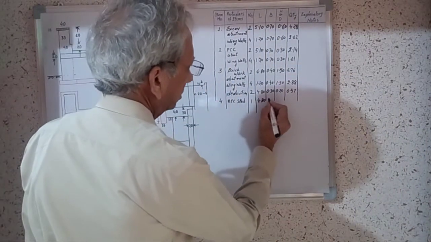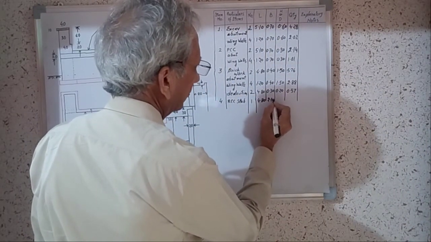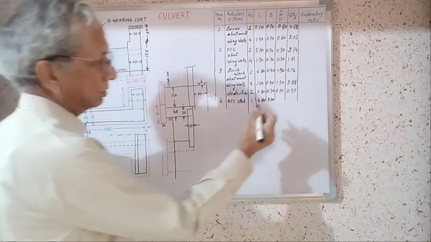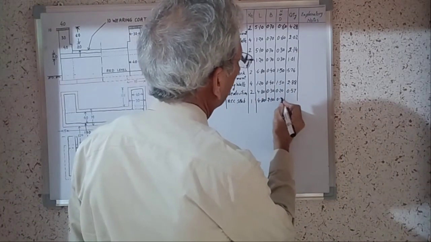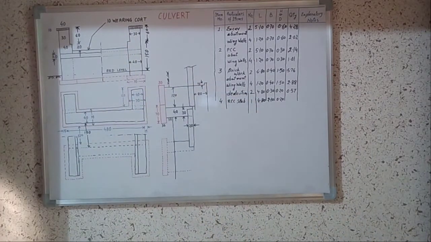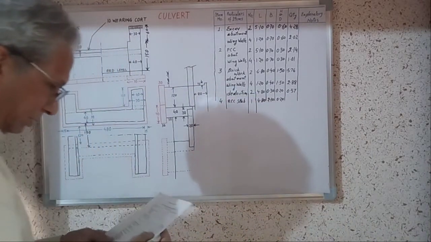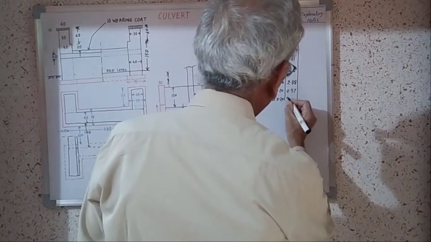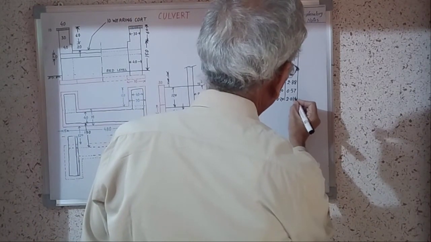Width will be 210. Now thickness of this slab is 20 centimeter. Now the quantity of the slab will be 2.016 cubic meter.